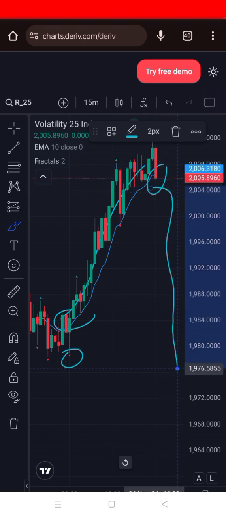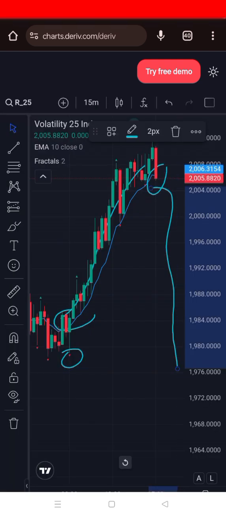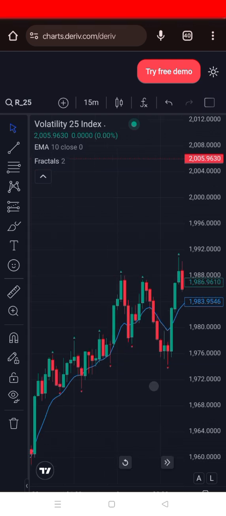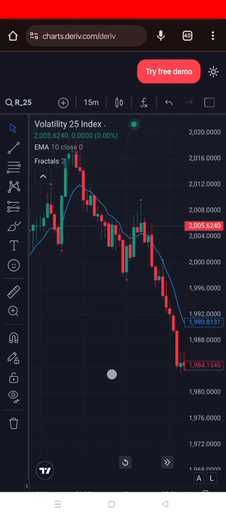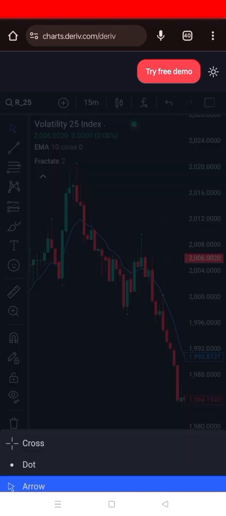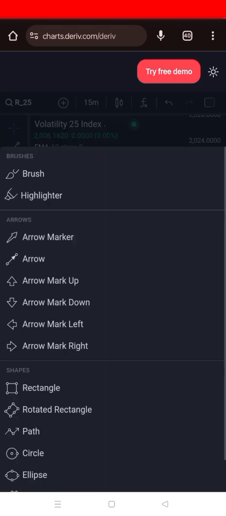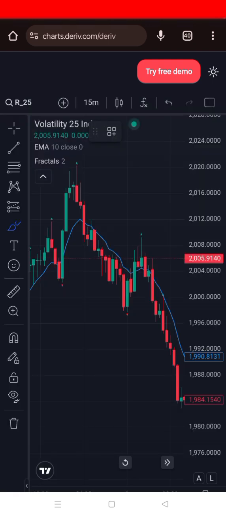As it confirms the strength of an uptrend like this one, you can see this one now is taking a downtrend because it's nearly crossing, and you can see it has crossed and engulfed that green candlestick, so a potential downtrend from there.